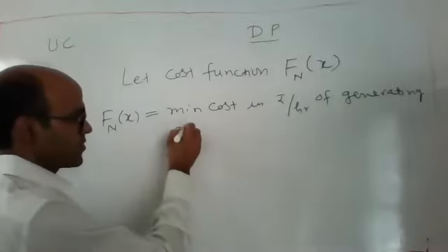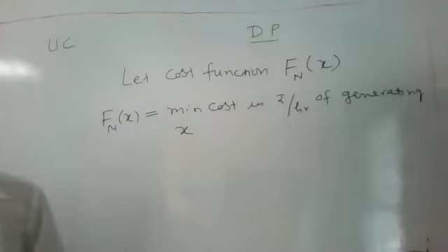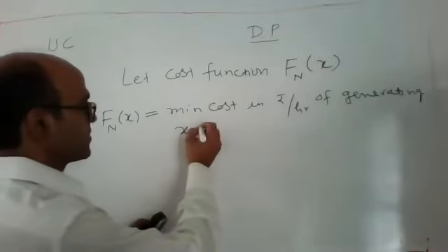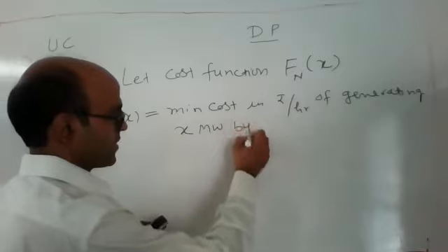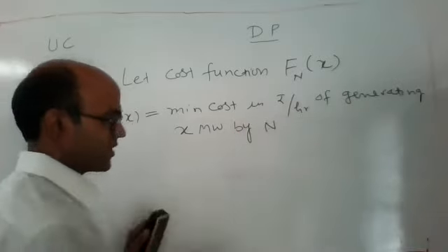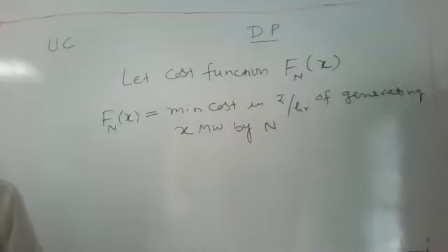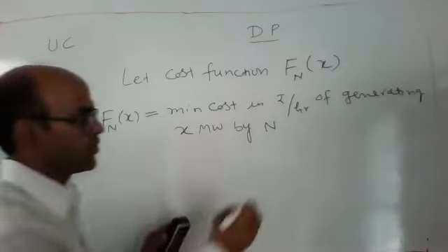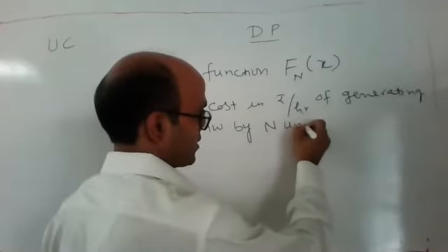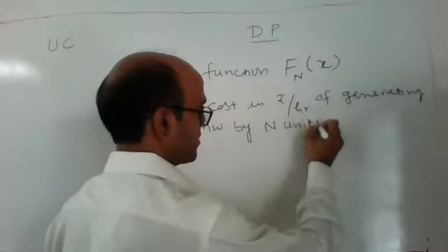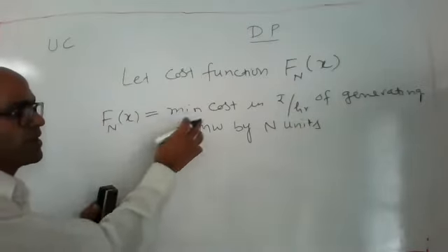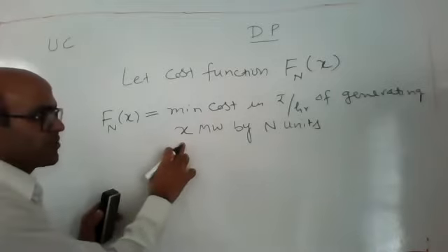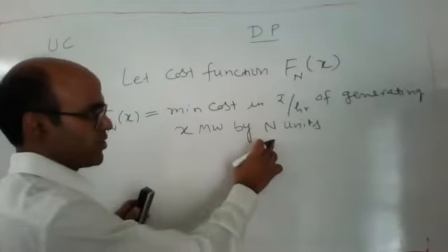by n generating units, n number of units. Suppose n is 5, then 5 units. How much power, minimum cost, for generating x power by 5 units?